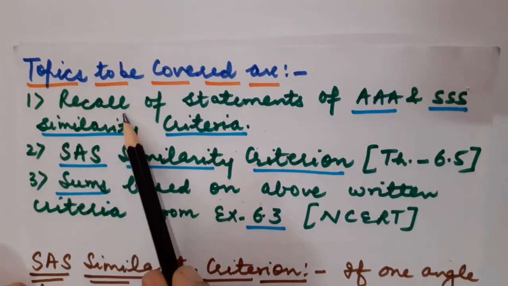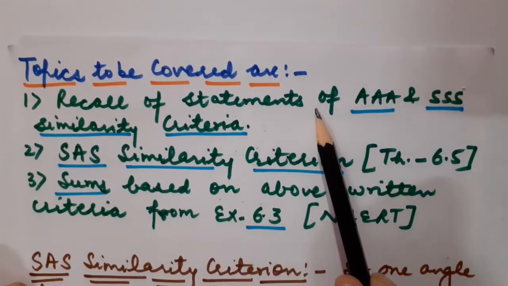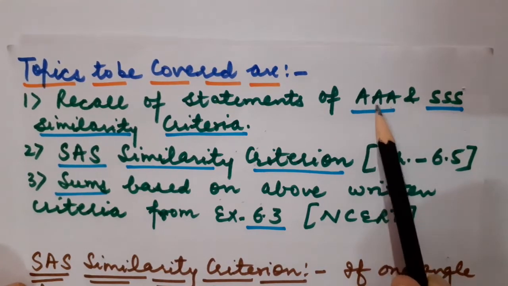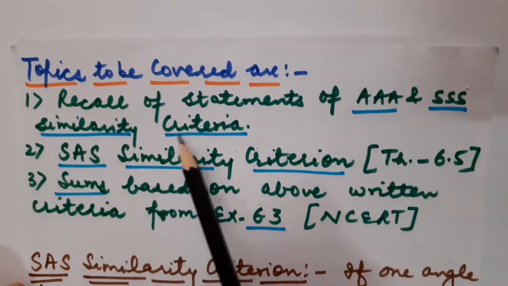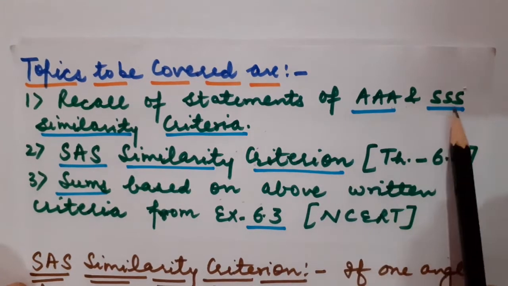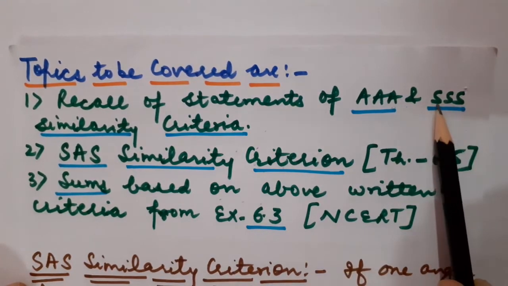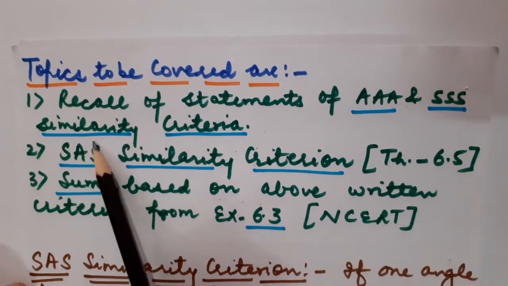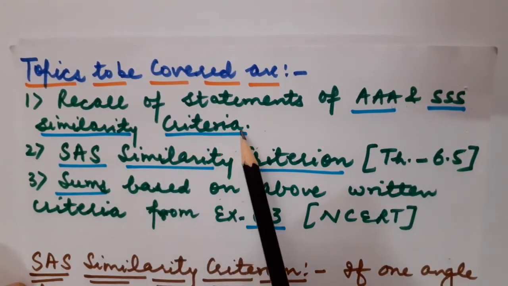First of all, I will make you recall the statements of triple A, that is angle, angle, angle, similarity criteria, and triple S, that is SSS, side, side, side, similarity criteria, which I have explained to you in my previous lectures.